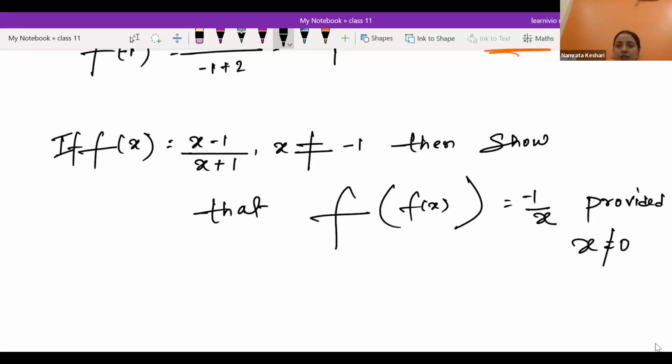Let's do it. The previous one you have already understood. Let's do this one. So we have a function that is x minus 1 by x plus 1.